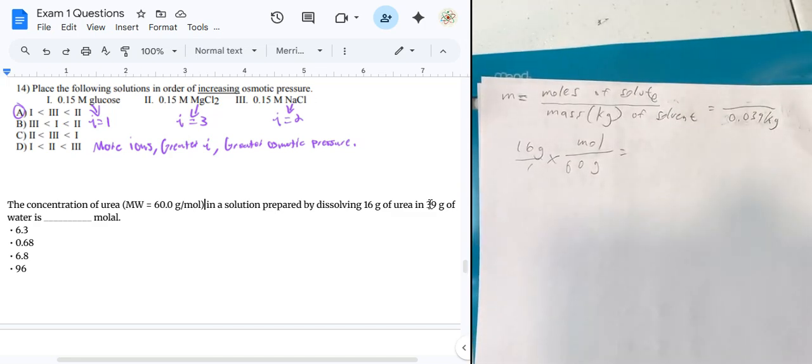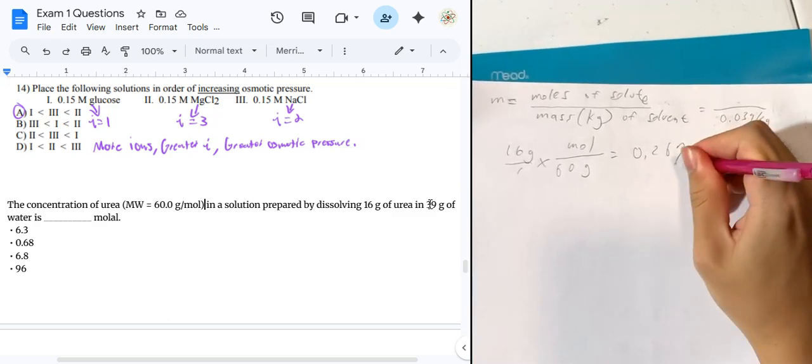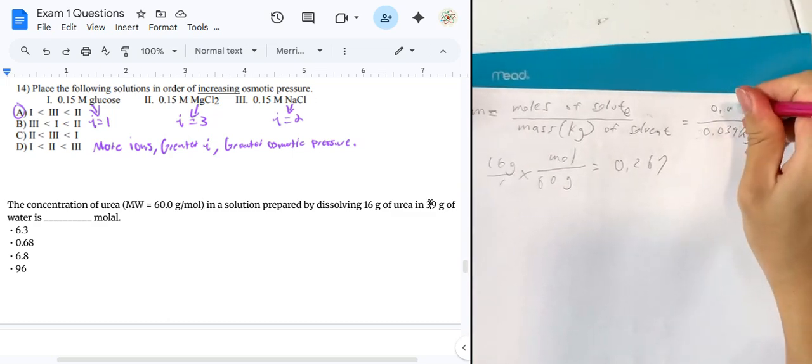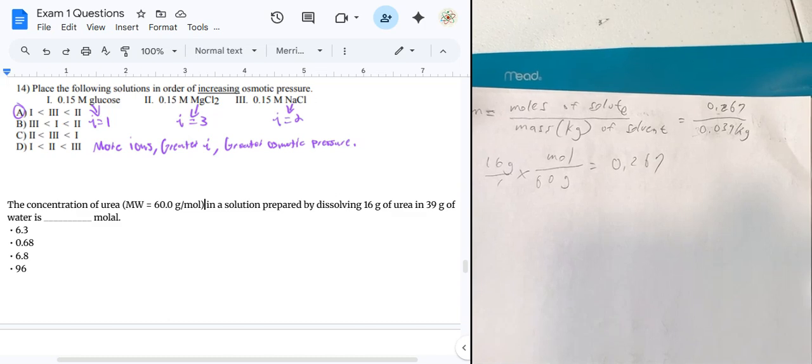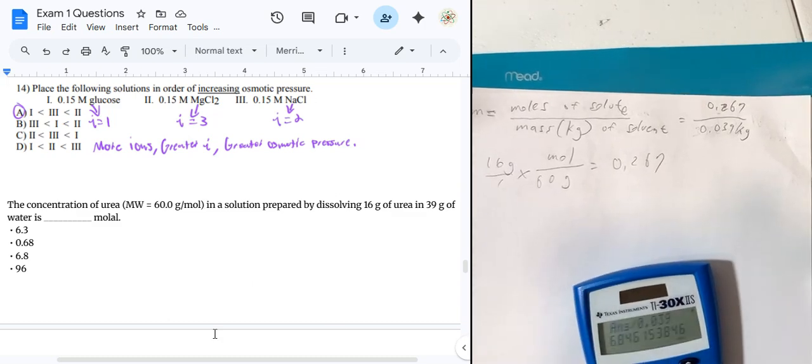And this is equal to 0.267. Divide that and the answer is 6.8.